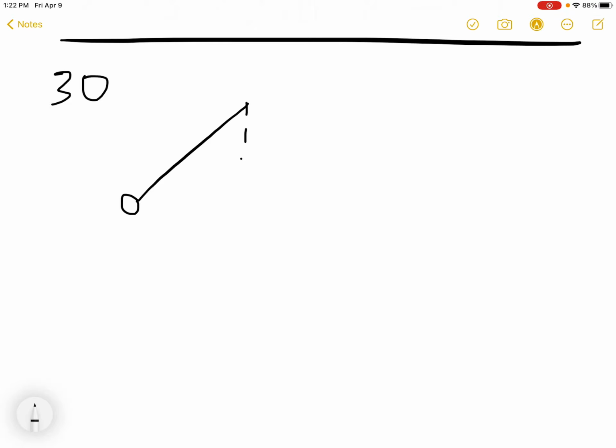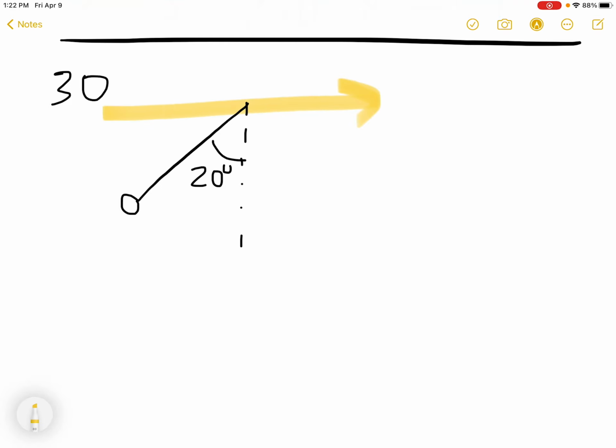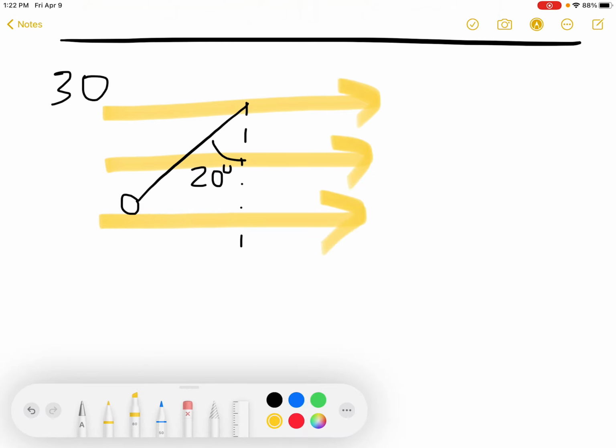And it's sort of hanging out like this on a 20-degree angle. And what they're telling us, you have to look at the little picture on the right-hand side. Now, they've drawn their field sort of beside it, but what I'm going to do is draw it right across what we did before. So what the field is doing is it's pushing this way. This is the electric field that this ball is hanging in, right?